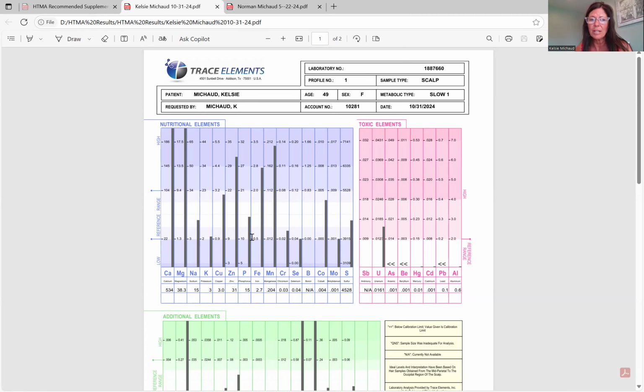So there lies an absorption issue. Some of us are dealing with an absorption issue, especially when we're like, you know what, I eat clean, I eat healthy, why would my minerals be off? Well, if we're not actually absorbing what we're bringing in, a piece of the puzzle there is that mineral imbalance, okay?